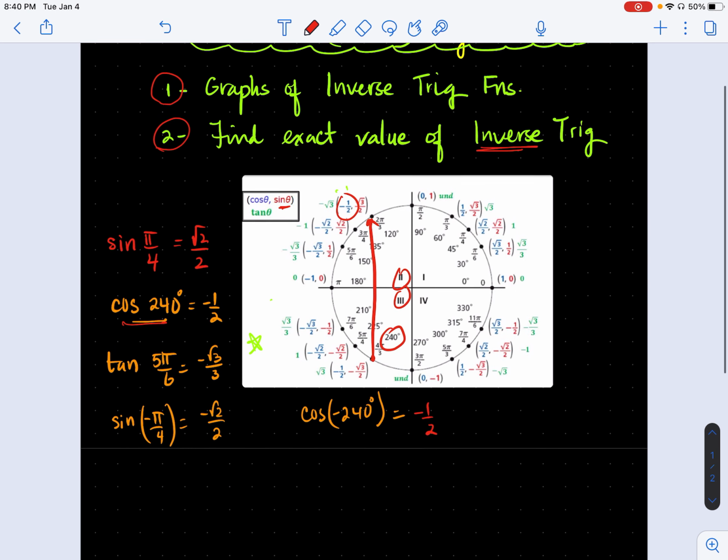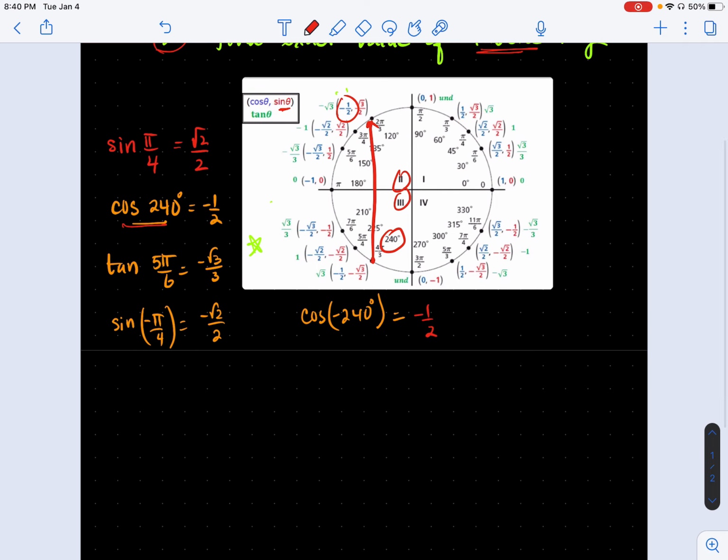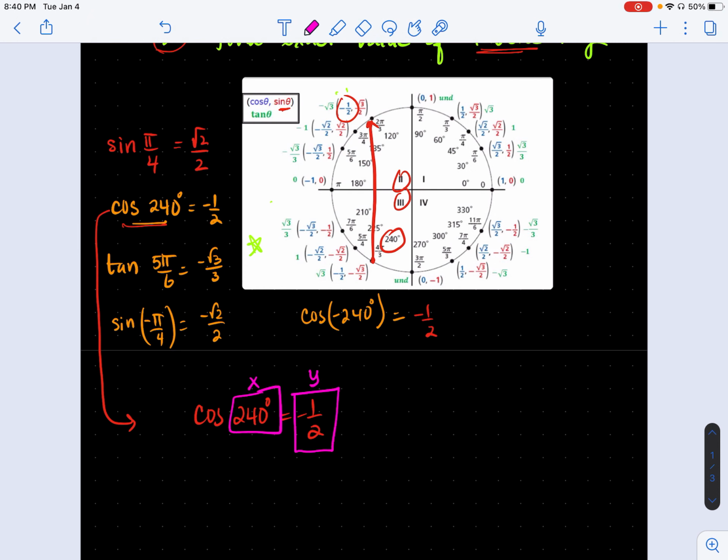Because we are doing inverses, it was very important for me to show you that, because let's say I bring this back here, cosine 240 degrees is negative half. This represents the input, obviously, and this is the output of the function, x and y.